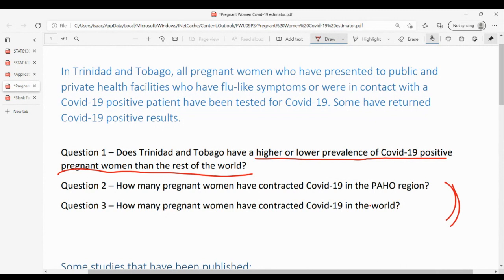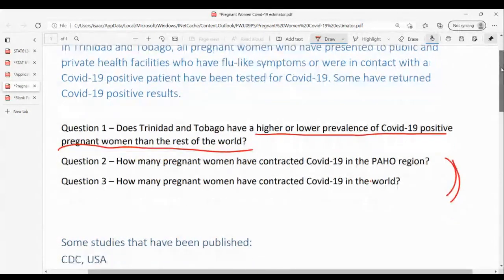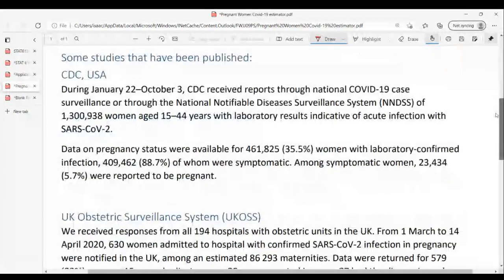And of those places that collected data on COVID-19 patients, many times the immediate problem was COVID-19 itself. They weren't really checking to see which ones were pregnant women, they just collected male, female. So there were some studies published in countries that had observatories, similar to what we have in Trinidad and Tobago, where they collect data specific to maternal data.